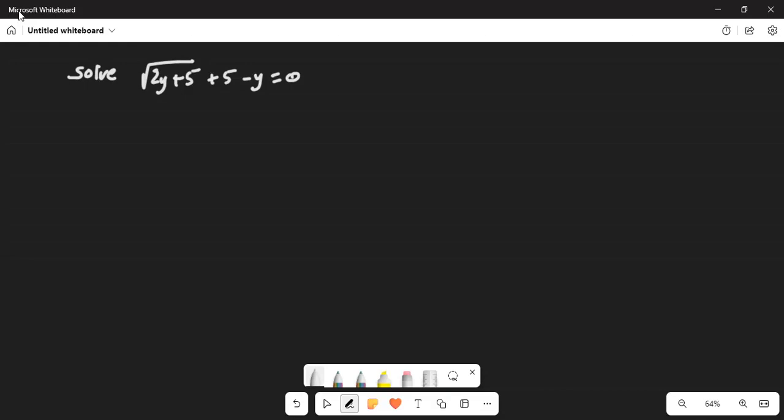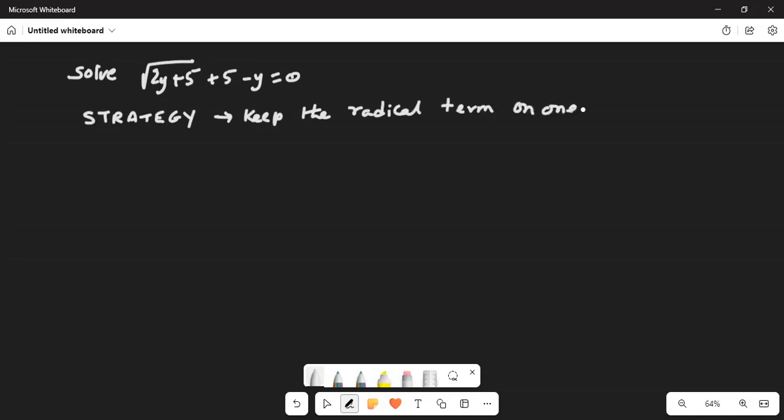So my strategy, first strategy: if the radical term is on one side of the equal to sign.